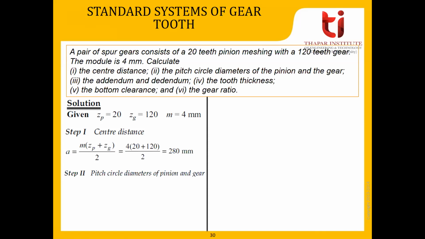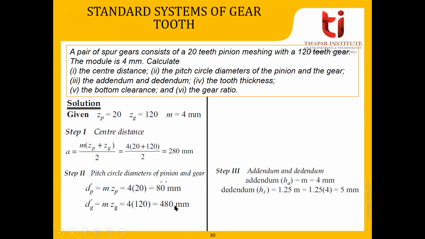From the definition of module, m equals dp over Zp, so dp is equal to module times Zp, which gives 80 mm. Similarly for the gear you get 480 mm.